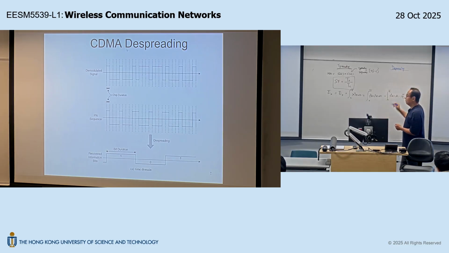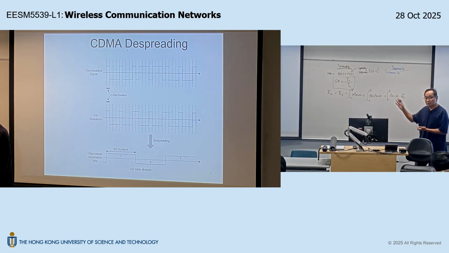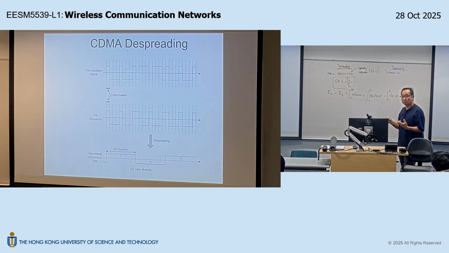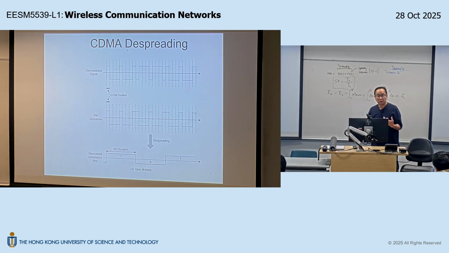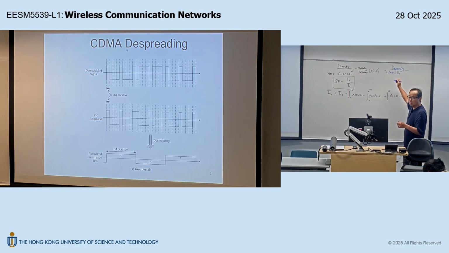Now, if this is an intended receiver, that means you are a legitimate receiver. So this design, later on you will see that this design is not trying to guarantee any receiver can receive the signal. Okay, only a legitimate receiver can recover the information. So if you are the intended receiver, you need to have two pieces of knowledge before you can despread successfully. The first knowledge is you need to know the code.